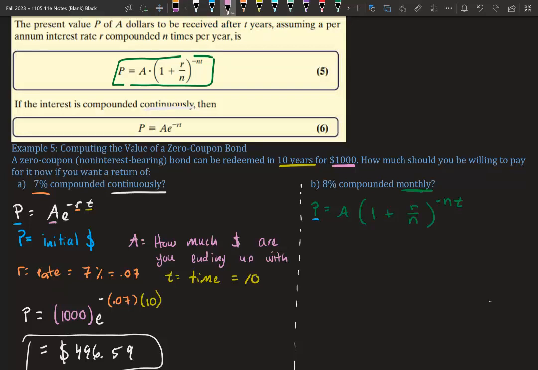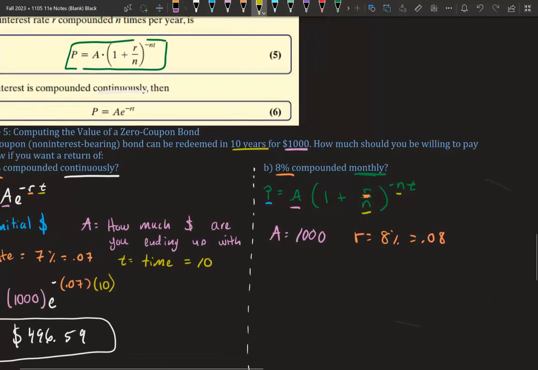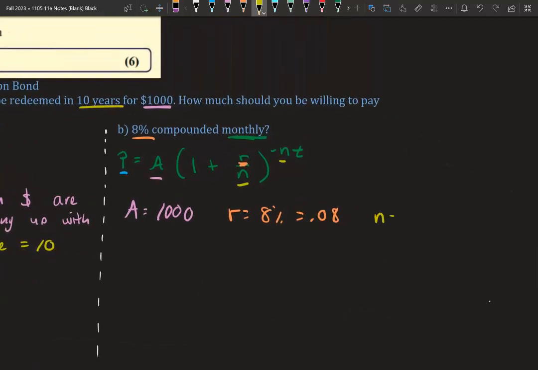A, that's not changing. We still want $1,000 at the end of this. Our rate, that's what's changing because now we have an 8% rate. 8% is going to be 0.08. And this time we have an N because we're compounding a certain number of times. We're compounding monthly, so our N is 12. Time hasn't changed. We're still doing this for 10 years.